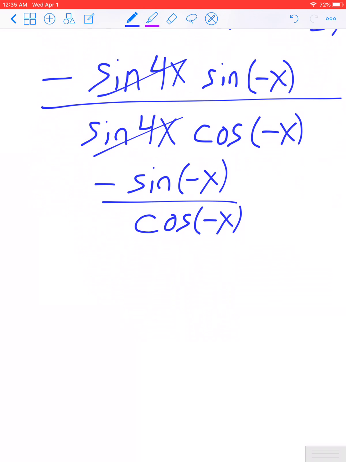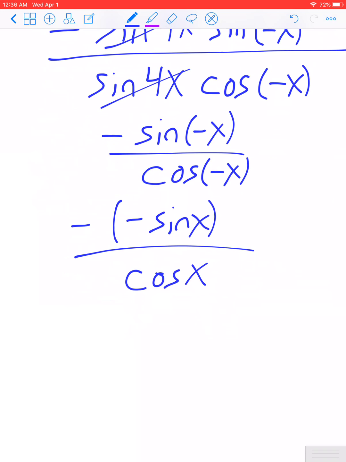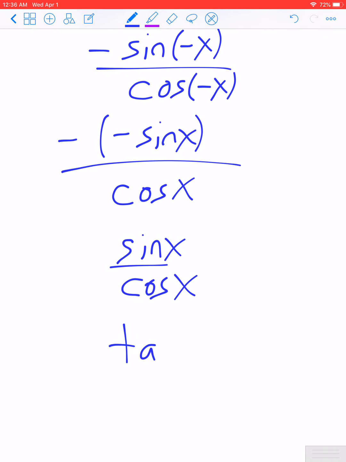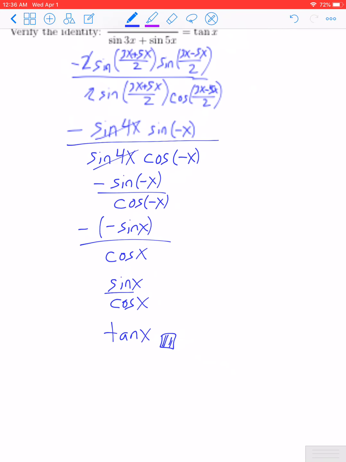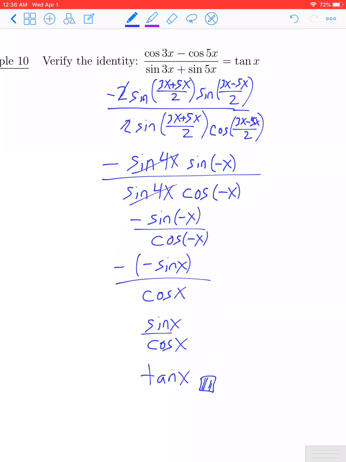We can use the even and odd identities that would say that the sine of negative x is the negative sine of x, and the cosine of negative x is simply going to be the cosine of x. The negative of sine of x is just negative sine x over cosine of x. And then from the quotient identity, that's simply going to be equal to the tangent of x, which is what we were trying to show. So we have now verified that identity.